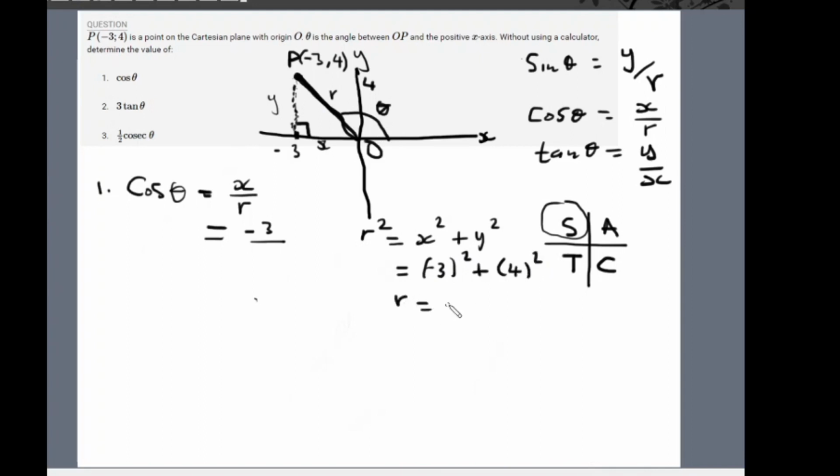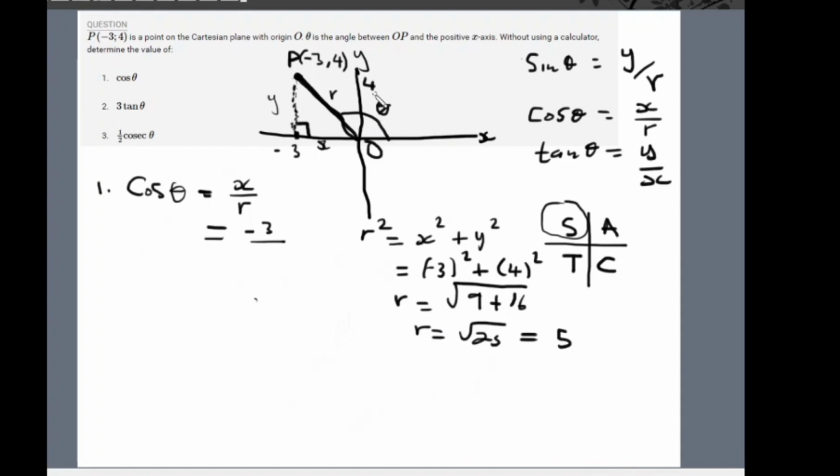Therefore r is equal to the square root of 3 to the power 2, which is 9, plus 4 to the power 2, which is 16. So r is equal to the square root of 25, therefore r is 5.